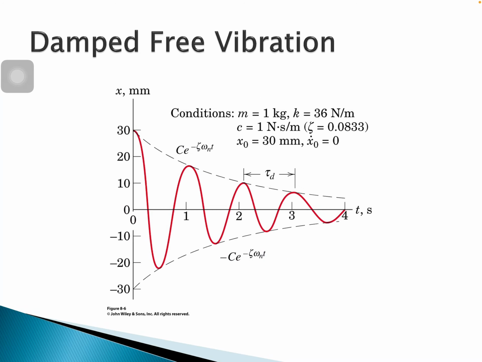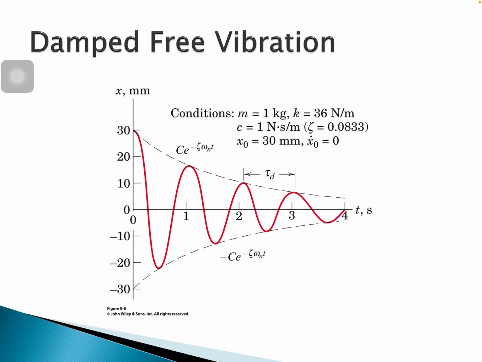Alright. So this is the behavior of underdamped. When we call it underdamped, it means the damper is not enough, and that's why we still have oscillating motion in the displacement.